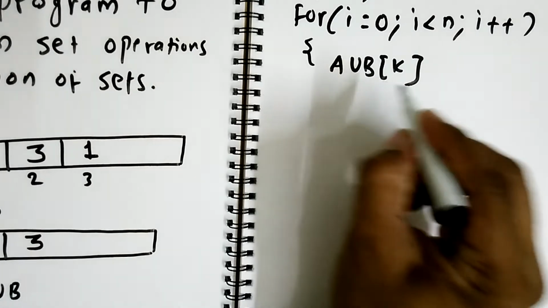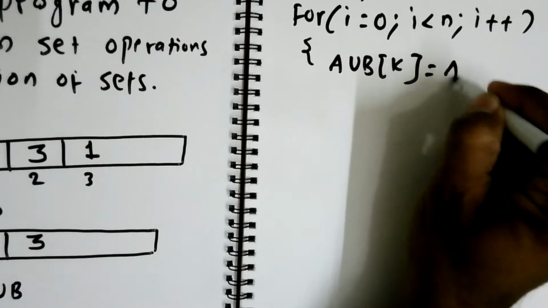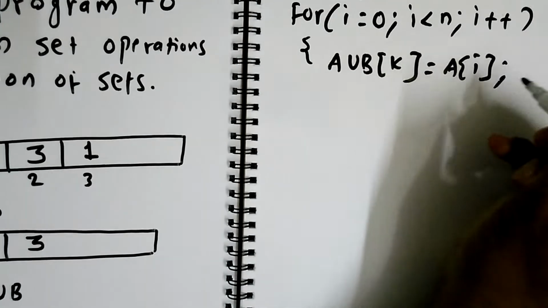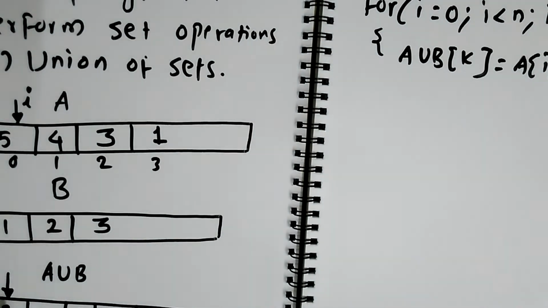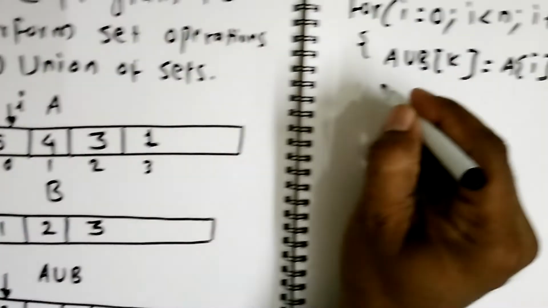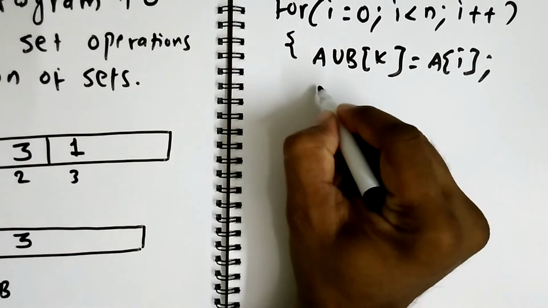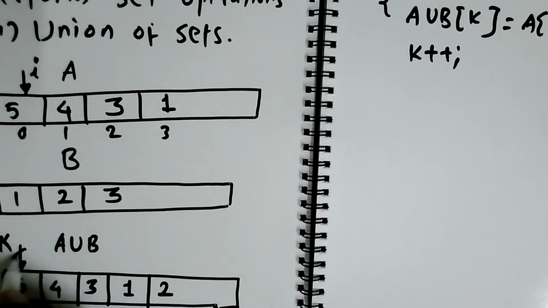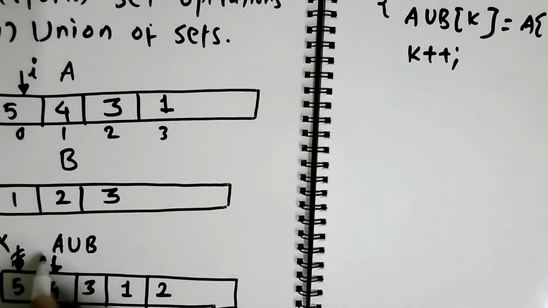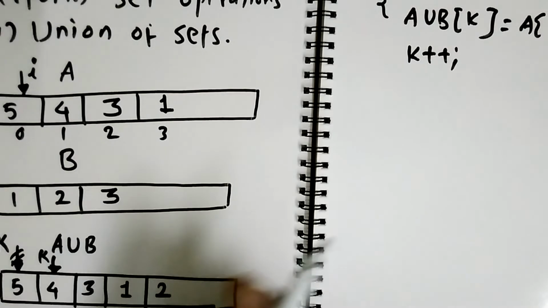So A union B of k equal to A of i. And after copying at the kth position, I increment k, because I need to copy the next element at the next position. So k plus plus. So k, which was here, will now be pointing to this position, so that I'll get the new element at this position.